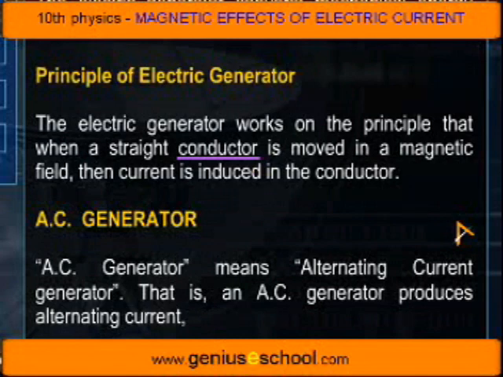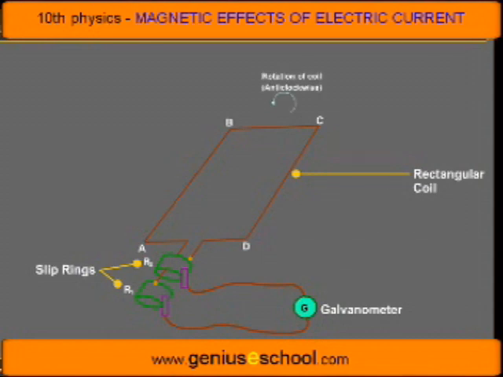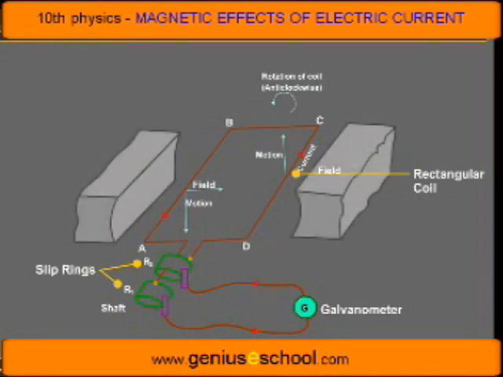AC generator. Suppose that the generator coil ABCD is initially in the horizontal position. Again, suppose that the coil ABCD is being rotated in the anti-clockwise direction between the poles north and south of a horseshoe type magnet by rotating its shaft.